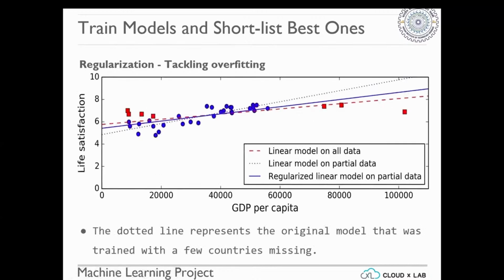Okay. So let's assume we want to fit a linear model over this type of data points. And here, as you can see, if you fit a linear model using all data, then you will get a red line, right?